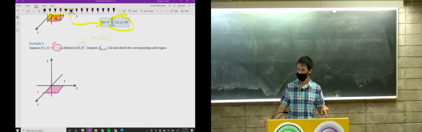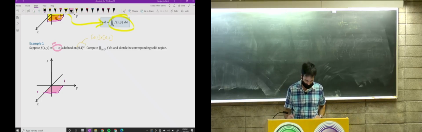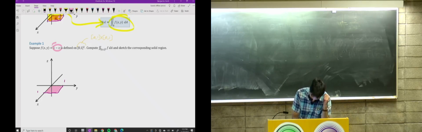So it doesn't actually depend on y. You can plot some points if you want. Maybe you already know what it looks like. I'll just show you what the result is. So let's see. It's equal to 1 at 0, and then it goes down with slope 1 in the x direction.